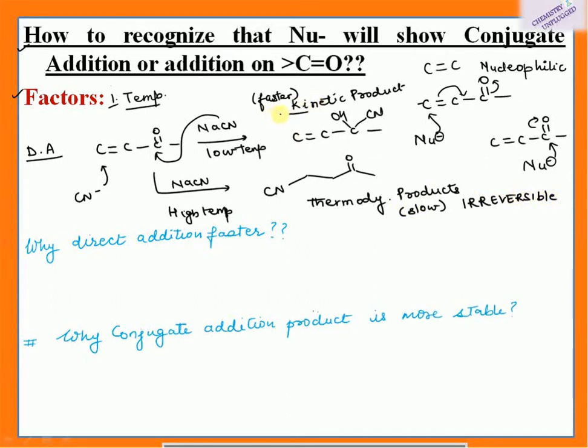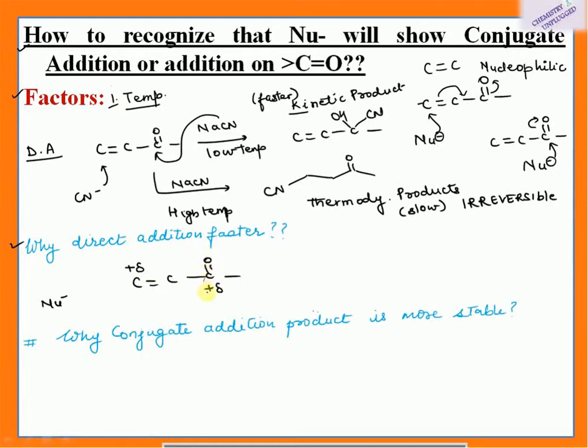Then question comes, why is direct addition faster in nature? Because if you look at this alpha beta unsaturated compound, nucleophiles attack on an electrophilic center. So this carbon has some positive charge and this carbon also has some positive charge. So they are electrophilic in nature. But at this carbon center, due to the presence of this oxygen, its positive charge is slightly higher.